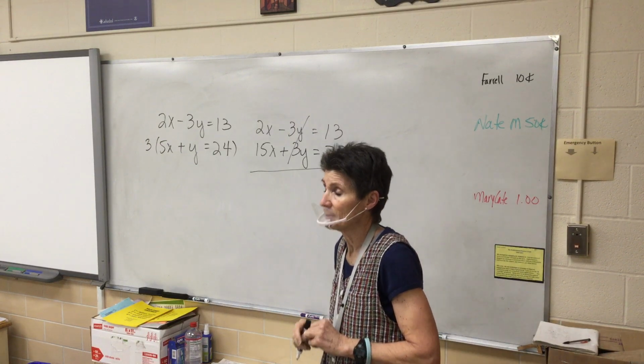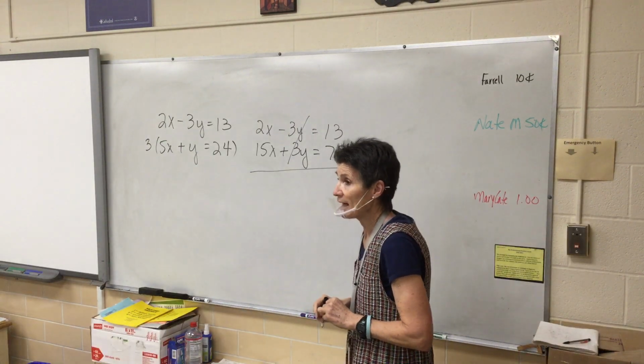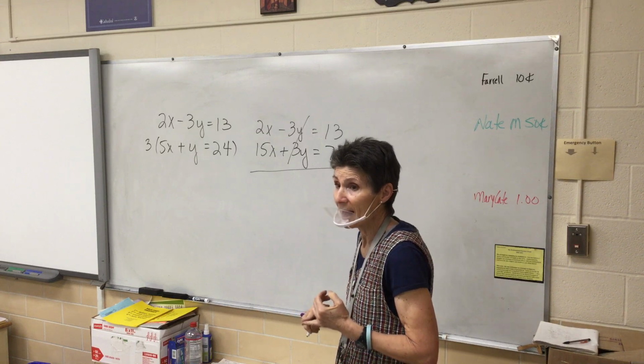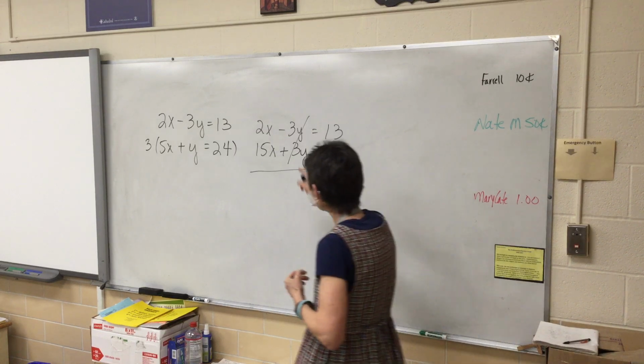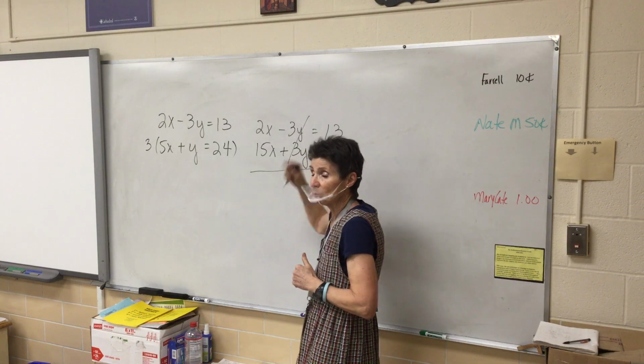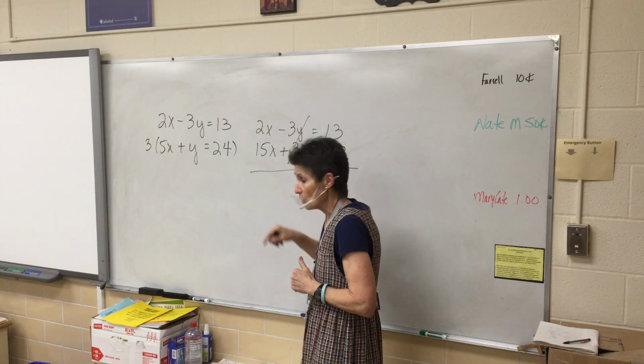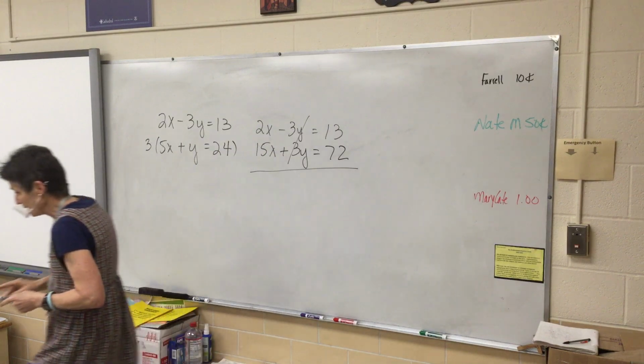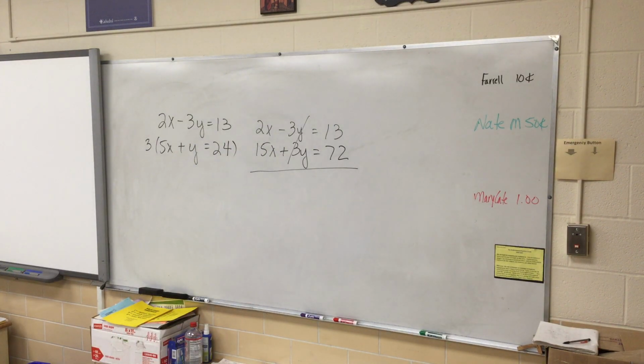That's why we call it elimination. So Gabe was exactly right. Two of the numbers have to match, and one's positive and one's negative, so that when you add them, they will cancel out.